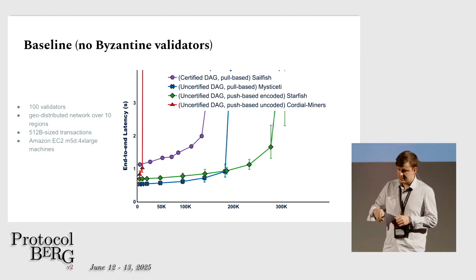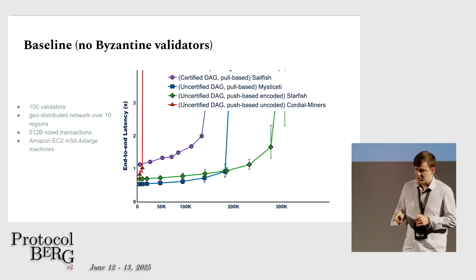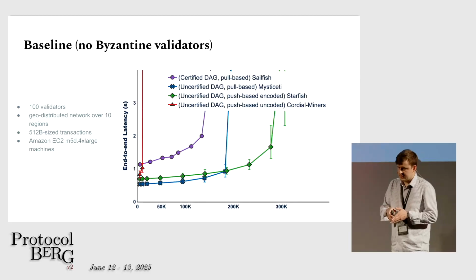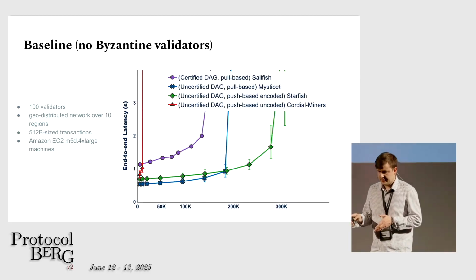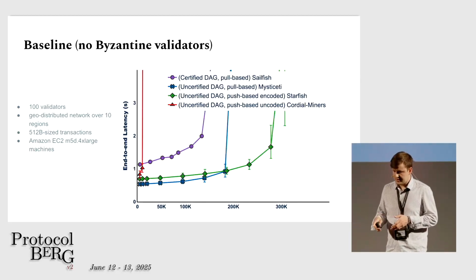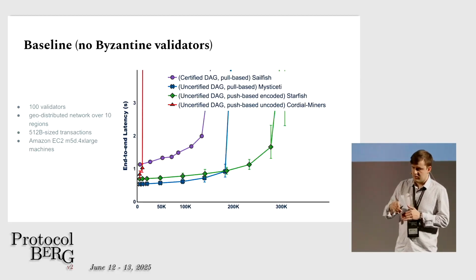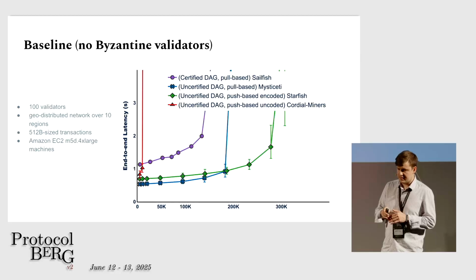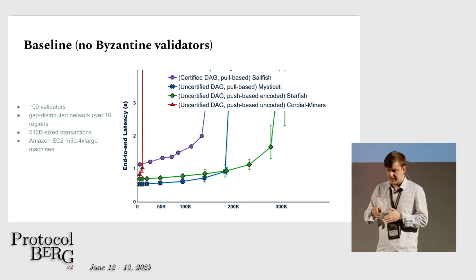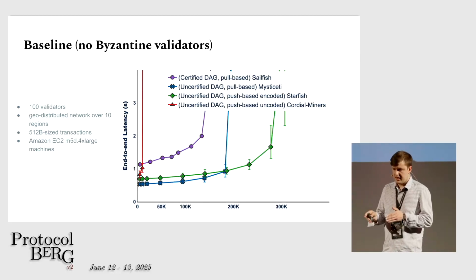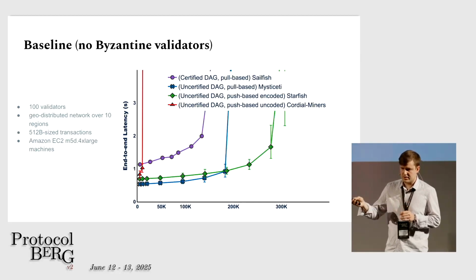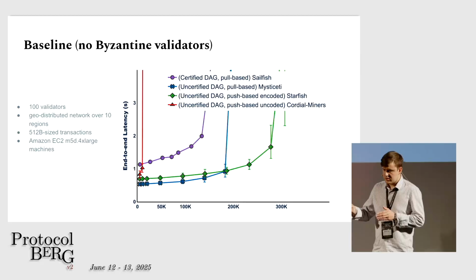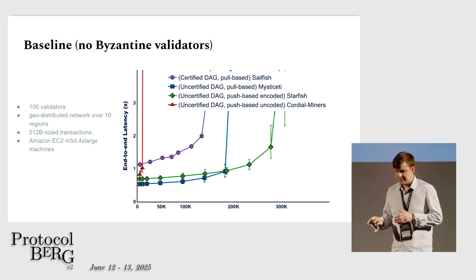First, you can see certified DAG Starfish, the state-of-the-art protocol which provides the lowest latency across certified DAGs. As I said before, when we look at the end-to-end latency, certified DAGs grow slowly, and the transaction is included in a block much more slowly than in uncertified DAGs.